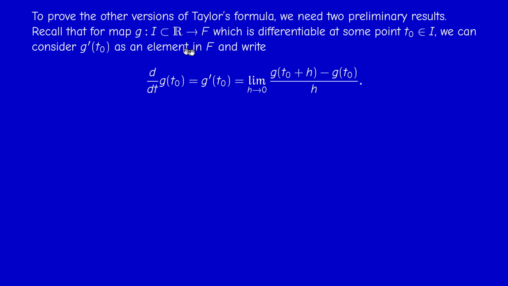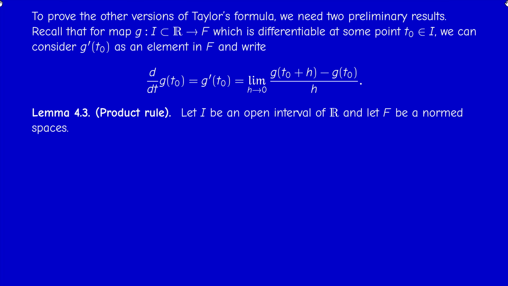So derivatives here are elements in the target space, provided, of course, the source space is R. And as you know, we may use this convenient notation d over dt, which is mostly used by physicists, but it's very convenient actually. So this is just another notation for this.